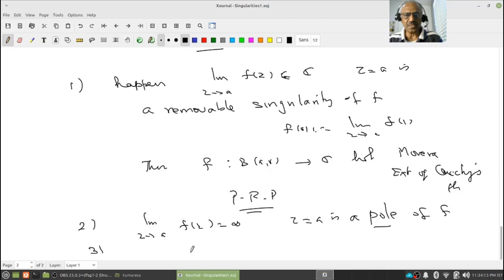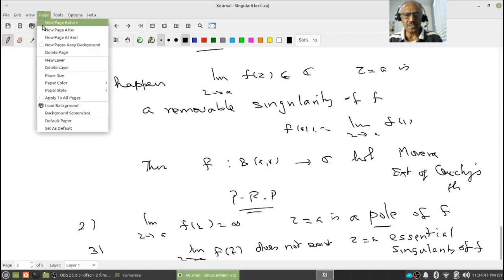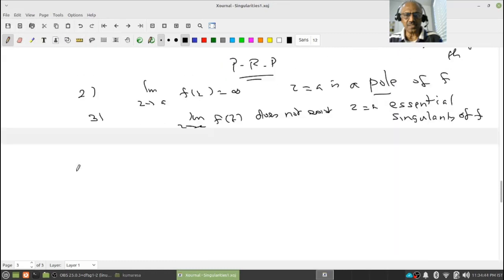In case 3, that is limit z tends to A of f(z) does not exist, we say z equal to A is an essential singularity. Okay, so pause, review, proceed.